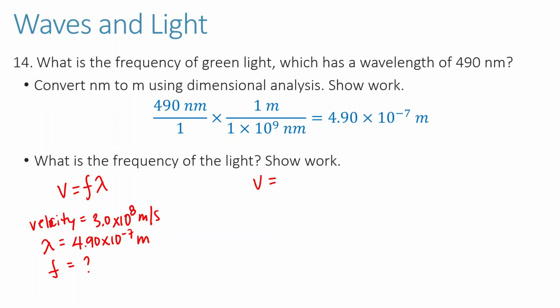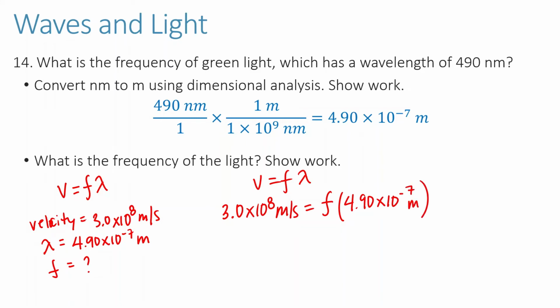So v is equal to frequency times wavelength. That's saying 3.0 times 10 to the 8 meters per second is equal to what we're solving for, frequency, times 4.90 times 10 to the minus 7 meters. In order to solve this, I'm going to need to divide both sides by this value.